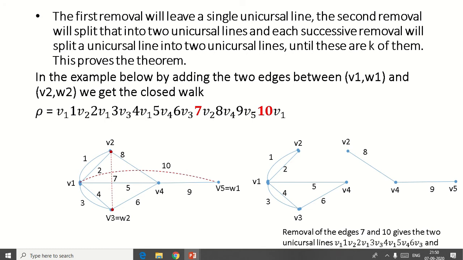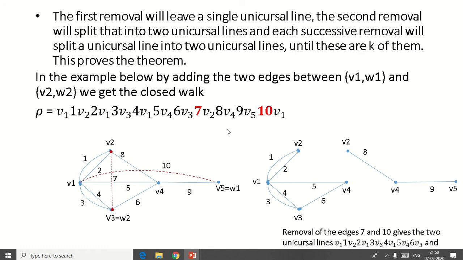Therefore, we can find an Euler line rho like this: rho equals V1, 1, V2, 2, V1, 3, V3, 4, V1, 5, V4, 6, V3, 7, V2, 8, V4, 9, V5, 10, V1. The red numbers 7 and 10 are the edges we added, from V1 to V5 and V2 to V3.